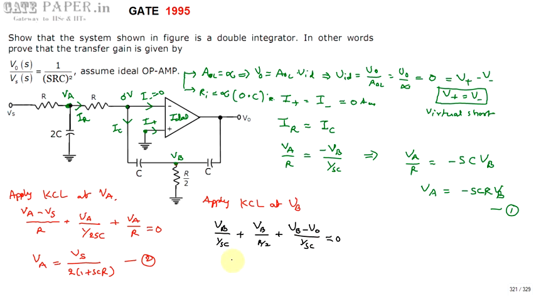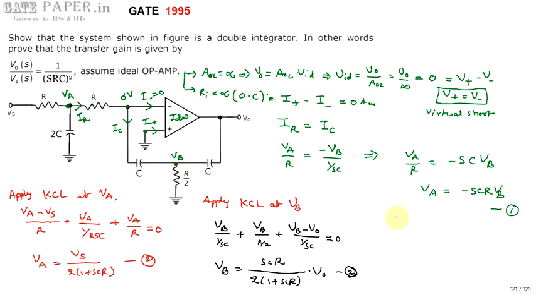So now you can write VB in terms of V0. After simplification, VB is SCR divided by 2 times 1 plus SCR, into V0. So this is the third equation.